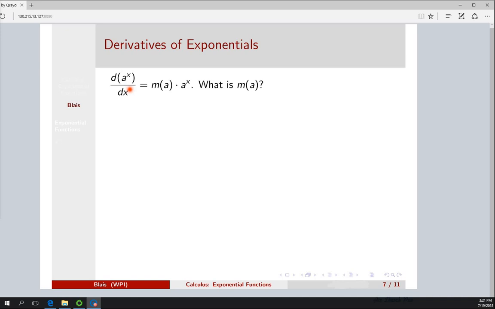Summarized here. So the derivative of the function a to the x is some number that depends on a times a to the x. And our question is then, what is m of a?